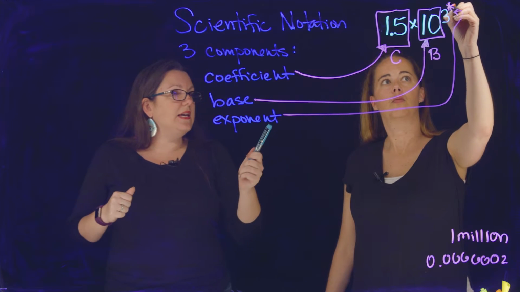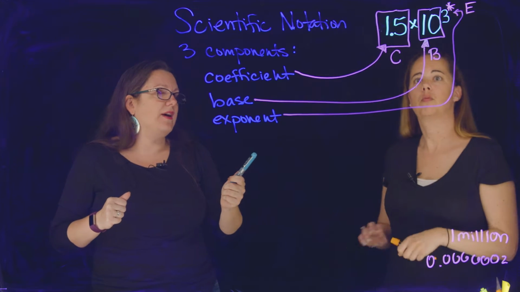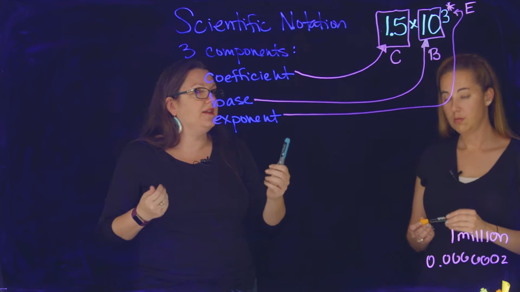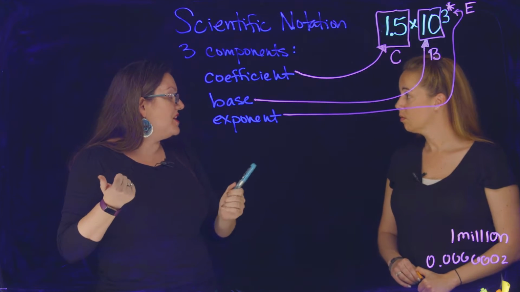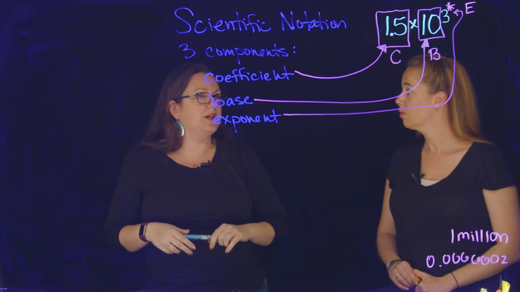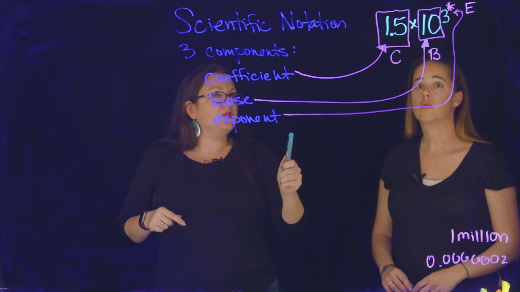The way we would say that number is 1.5 times 10 to the third, or 1.5 times 10 raised to 3, if we want to be a little more elaborate. Okay, so these are the components.